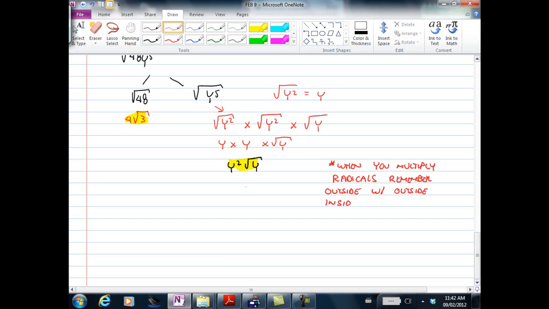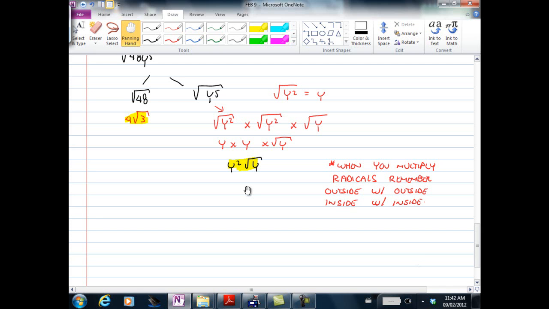And you kind of figure out what I mean by that. Okay. No tricks. A lot of students have trouble with radicals because they can't see that the square root of y squared equals y. If you can see that part, it's easy. But if you can't see it, it's going to be a bit challenging.